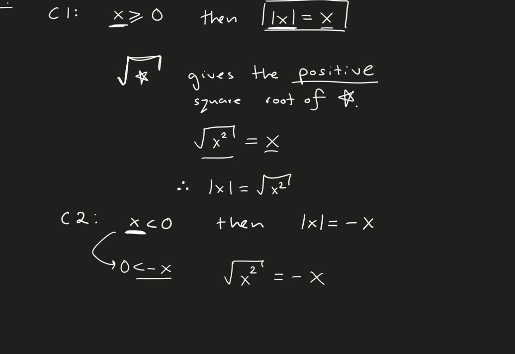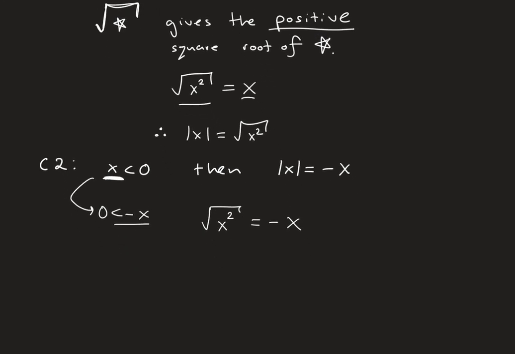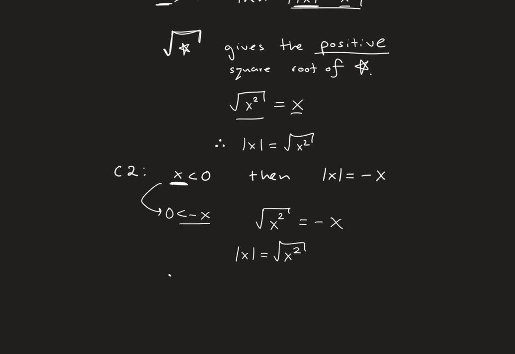I think I'm just rambling. I want to be as clear as possible. That's why I'm rambling. But in this case as well, we can say that the absolute value of x is equal to the square root of x squared. And that's it. Therefore, in either case, the absolute value of x is equal to the square root of x squared. I'm going to call that good.